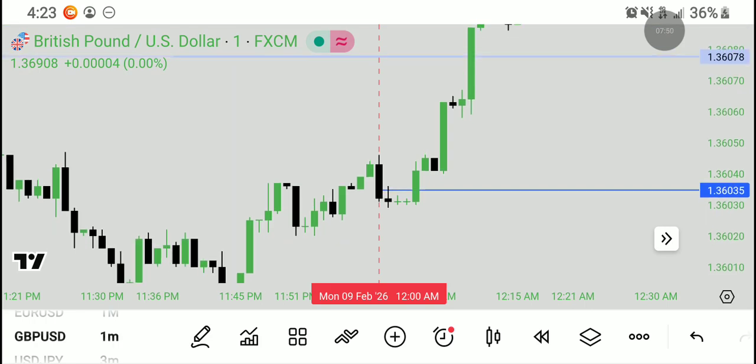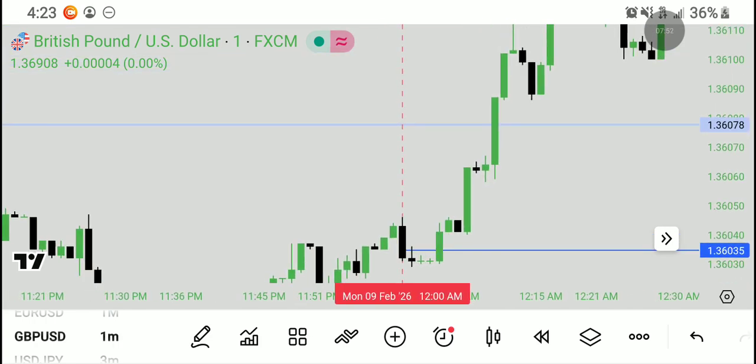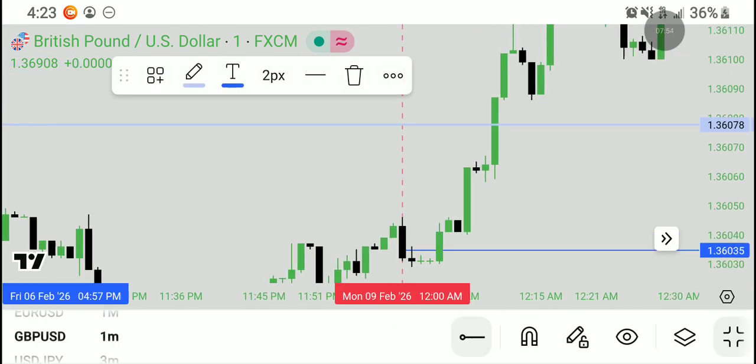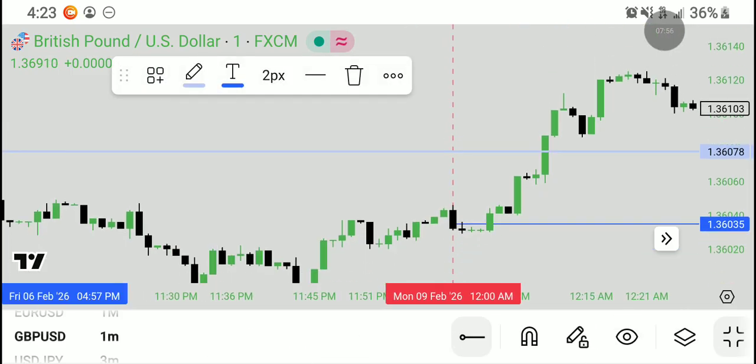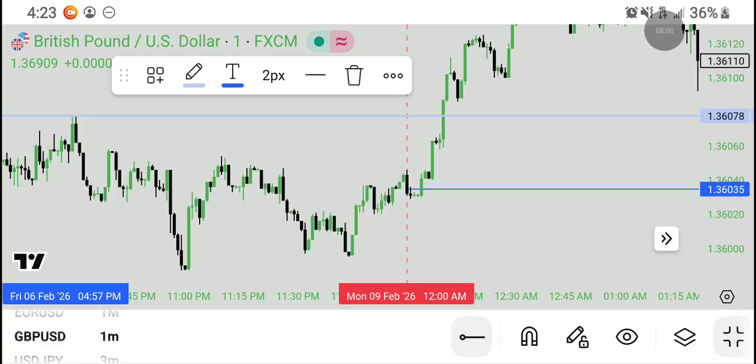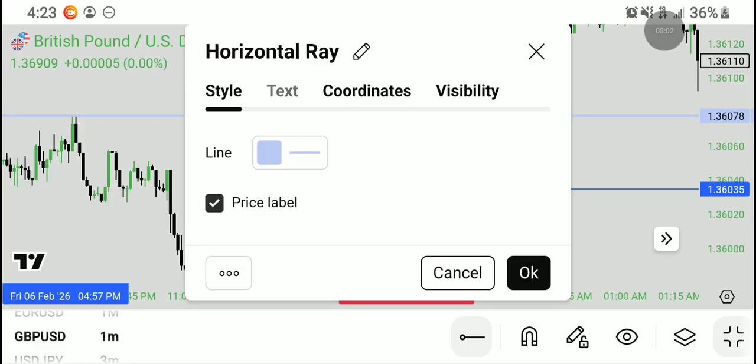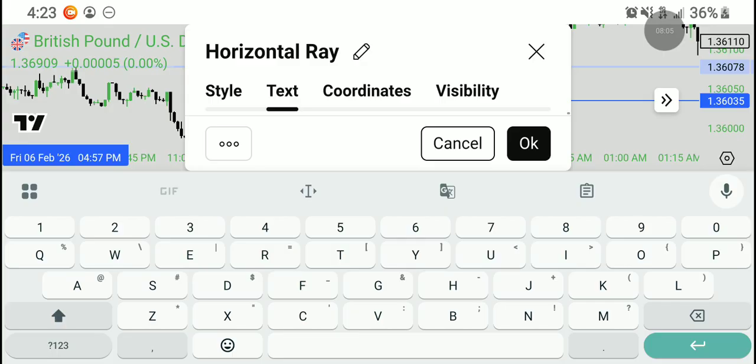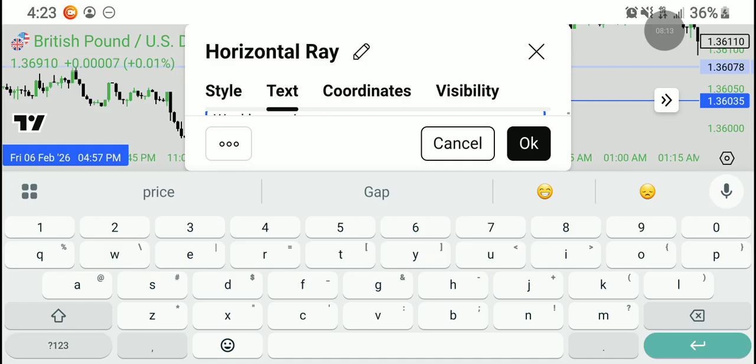Alright, so here, this particular candle here is weekly opener gap.